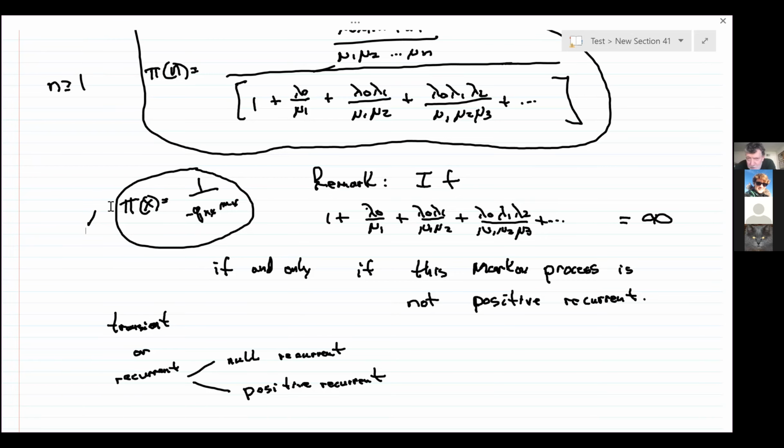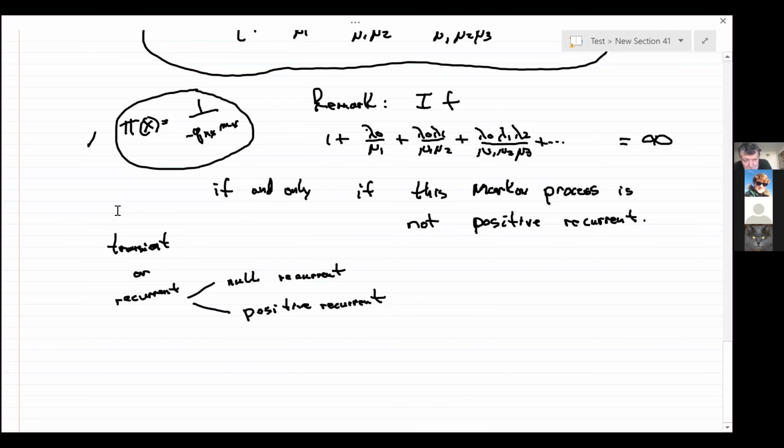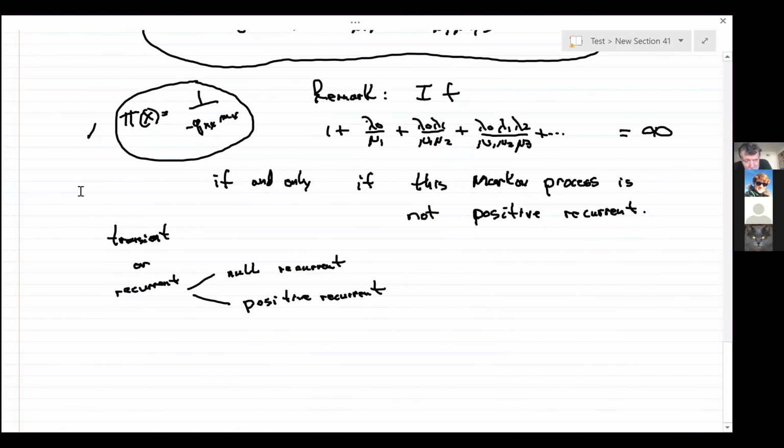So what I could say is, let's do an example real quick. Let's do an example where the lambdas are less than the mu's. So let's call the lambdas 1. All the lambdas are the same. And let's call all the mu's 2.